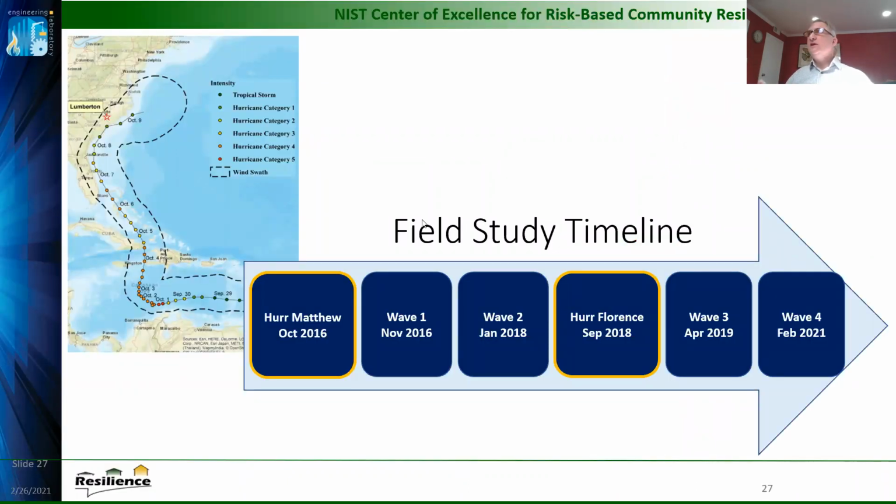So I want to take just a second here to talk about the other ongoing research, still sticking with the Lumberton example. We have this longitudinal study. We had not one, but two hurricanes occur. And so every year, essentially, we've gone back and revisited, and we're right now conducting interviews and surveys, importantly, the surveys.